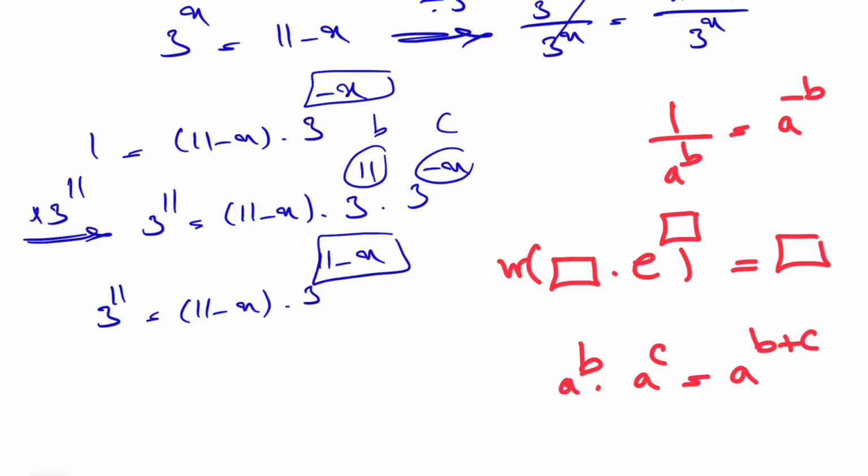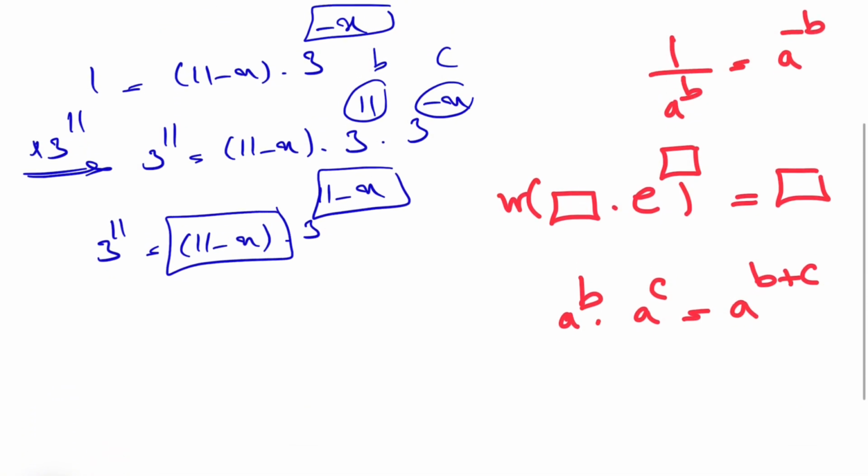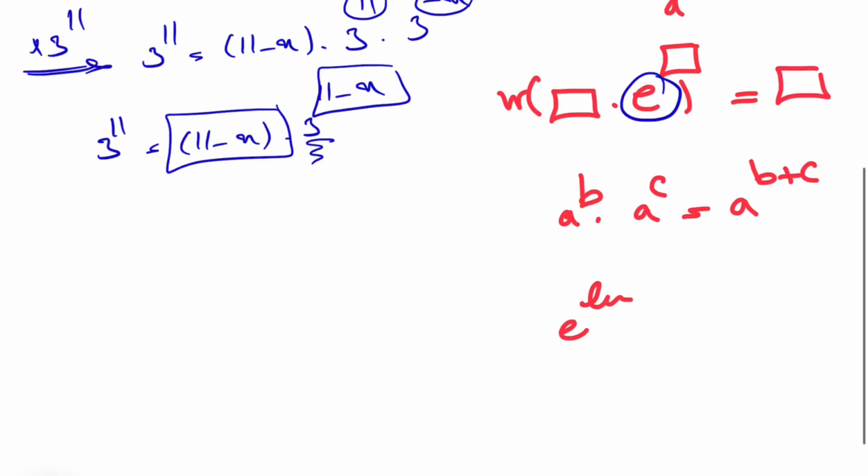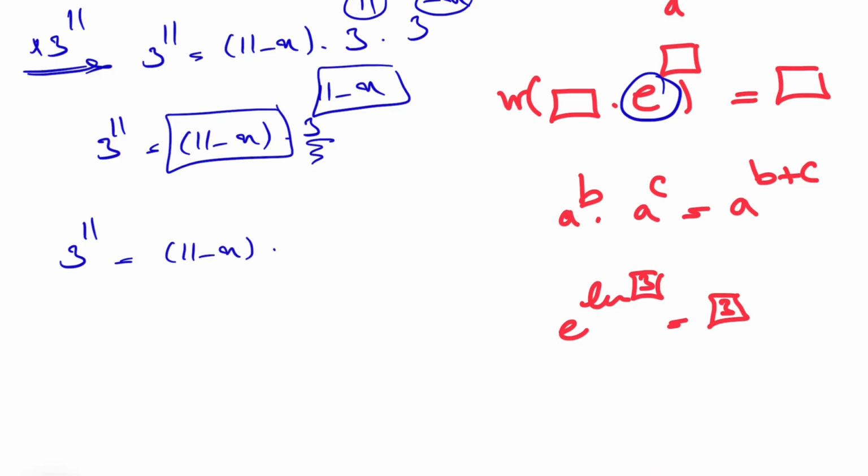Now we have that box here, but one thing is missing: we need the base of e. We know e to the power of ln of box is going to give us the box. So basically our 3 can be written as e to the power of ln of 3. So 3 to the 11 is equal to 11 minus x times e to the power of ln of 3, all to the power of 11 minus x.